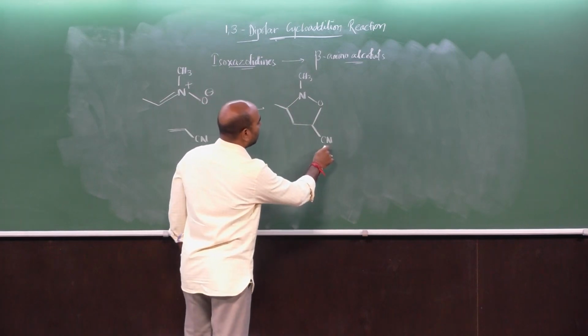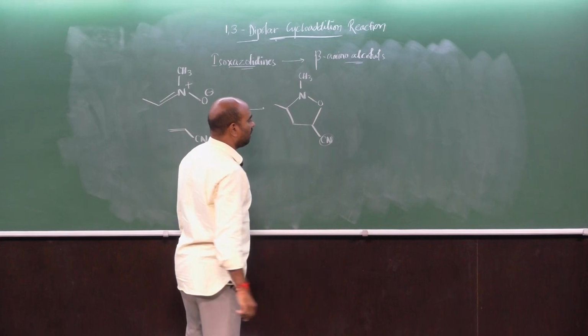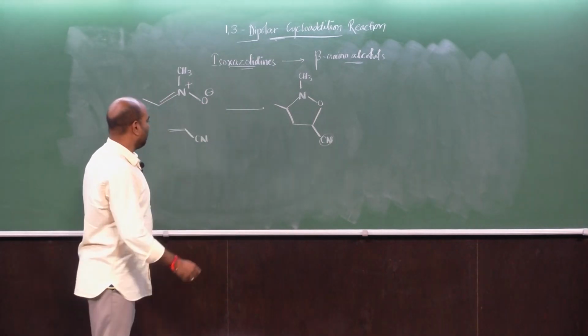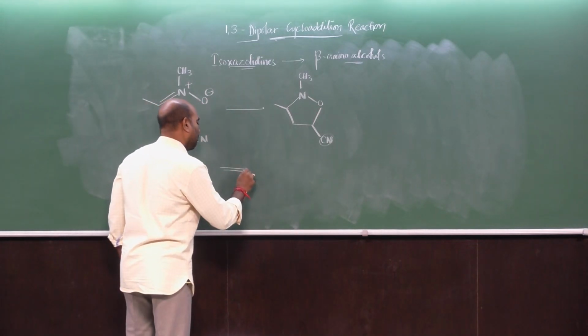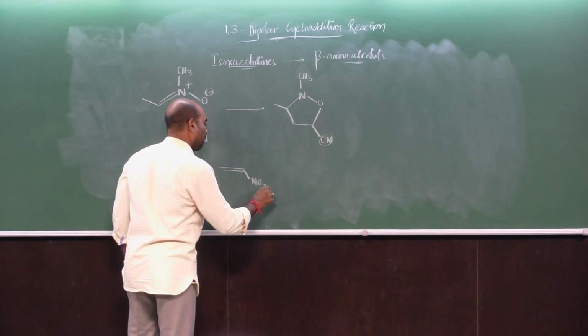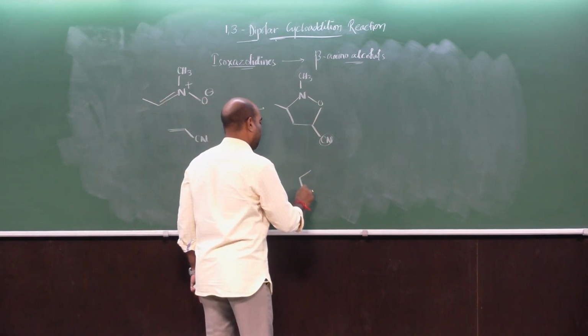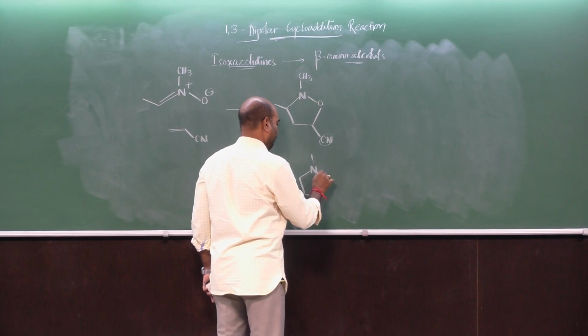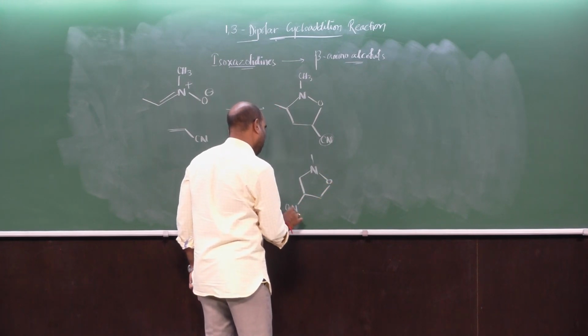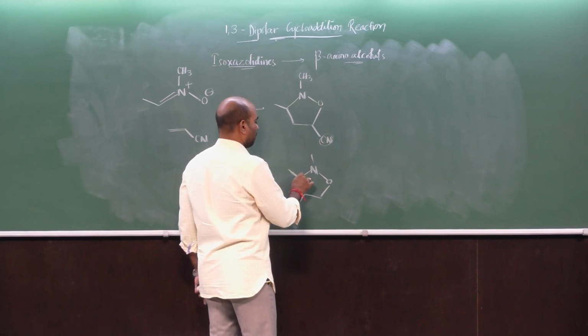So, you will be seeing the substituent at the 5th position. If the electron withdrawing group is a nitro group, then you will be seeing the nitro group on the 4th position.